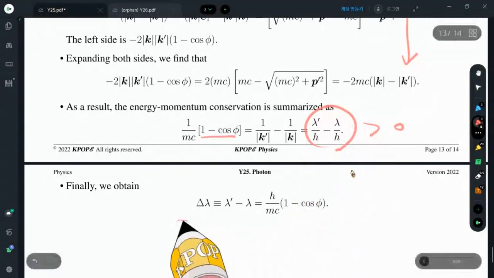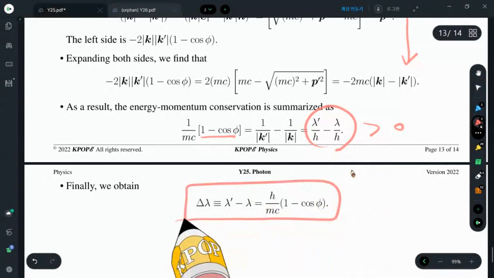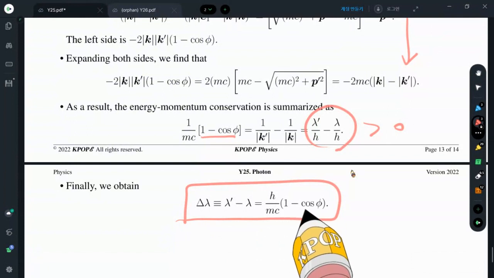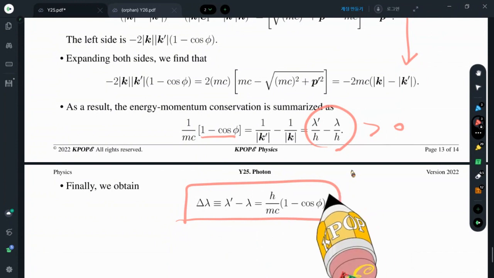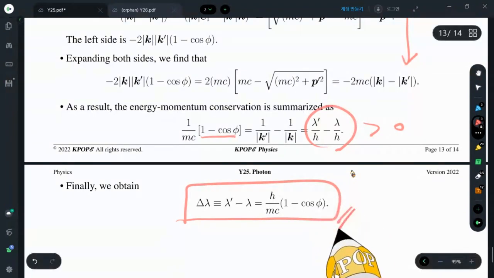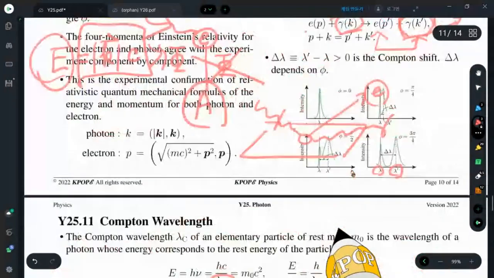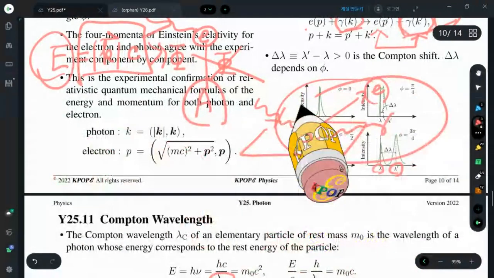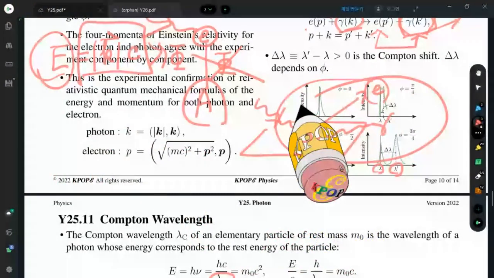Therefore, this shift in the wavelength of the Compton-scattered photon in comparison with the incident photon gives this formula. This is useful. It confirms the experimental fact, but this is not the most important one.